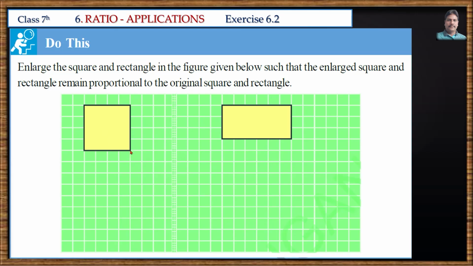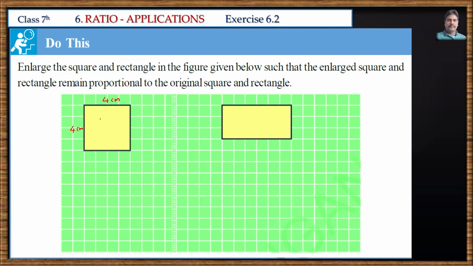See this square, the side of the square is 4 centimeters. 1, 2, 3, 4. This is 4 centimeters and this is 4 centimeters.